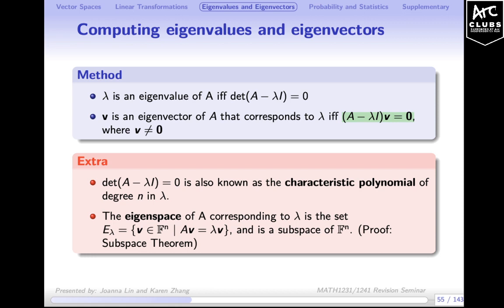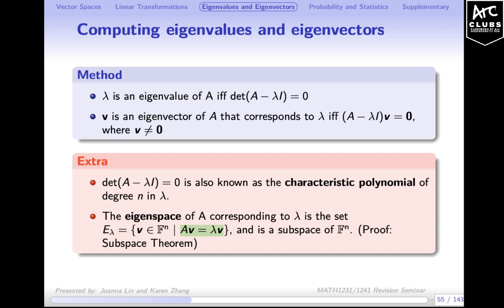Something extra on the side here is something that we call an eigenspace. An eigenspace is a set of vectors V such that this condition holds true. I think this is extra, so I'm not sure if it was in your lecture notes, but a proof of this is by the subspace theorem, which you went through in, I believe, chapter 1.